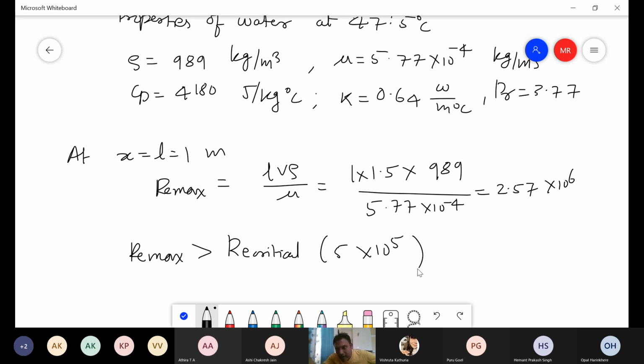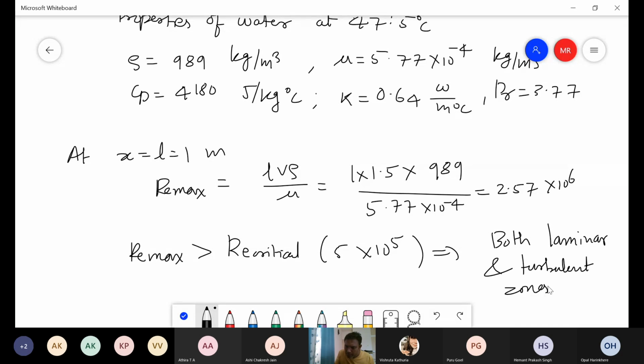But here at the end of the plate, my maximum Reynolds number comes out to be greater than 5 into 10 raised to the power 5. That means both laminar and turbulent zones will be present.